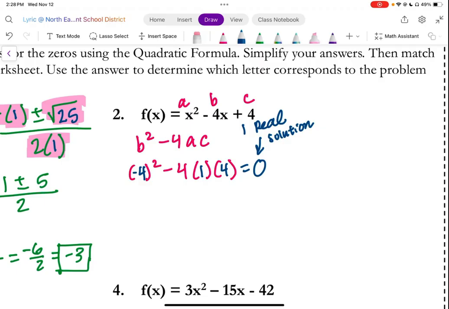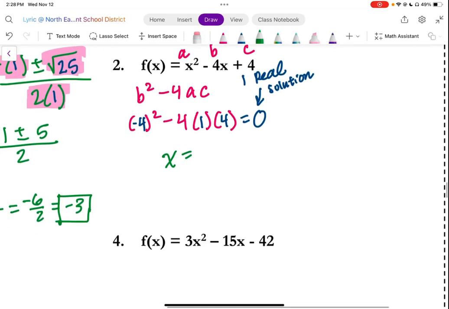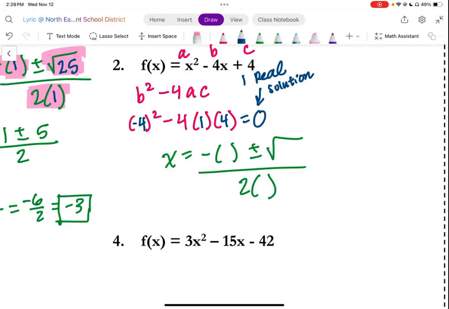Just know that we have one real solution, we're going to move on, plugging it into the quadratic formula. So x equals negative b plus or minus the square root of our discriminant all over 2a. So negative b, our b is negative 4, and our discriminant was 0, a is 1.